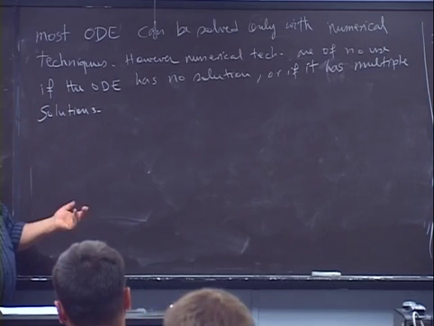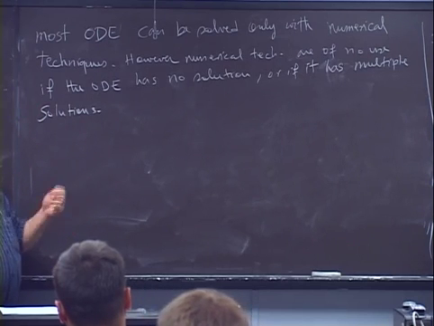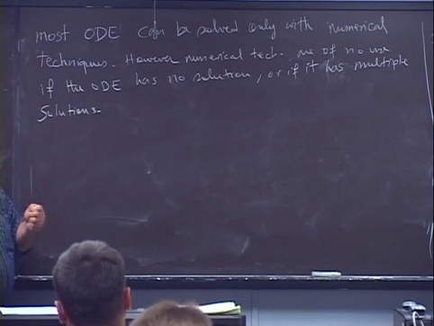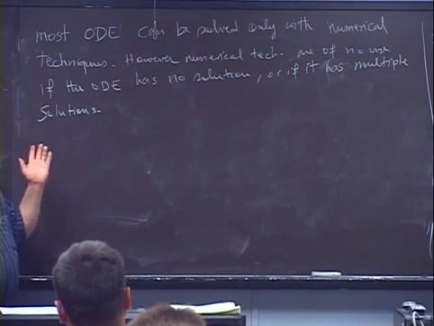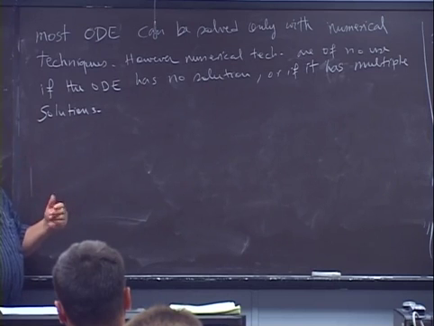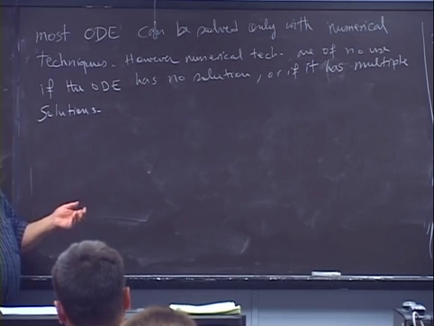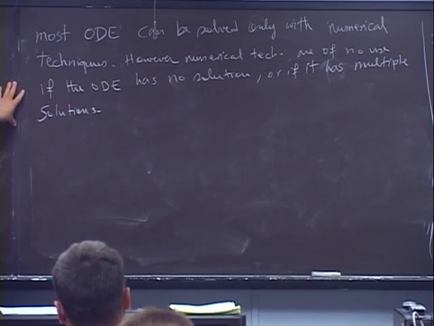What do we mean by analytically? To get a form, for example, y of x equal to a certain function f of x. So you might not be able to solve it analytically, so you have to solve it numerically. Before you go and solve it numerically, you have to check whether it has a solution or not, and if it has a solution, whether it is unique or not.